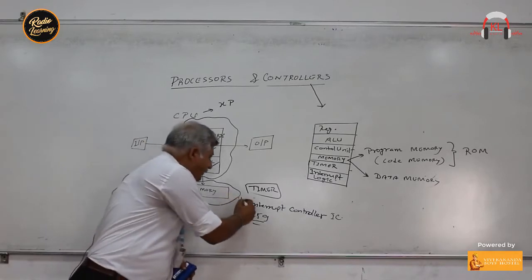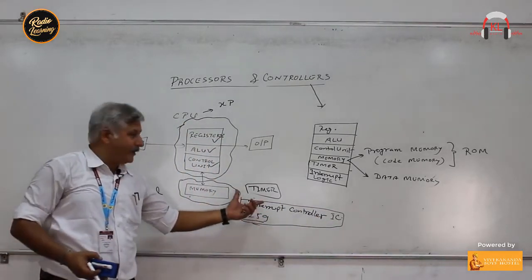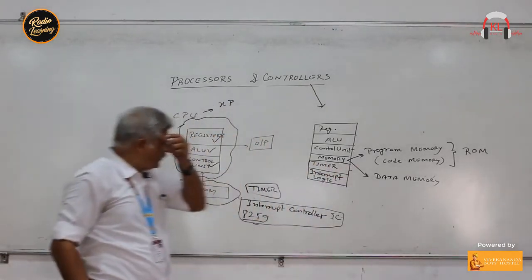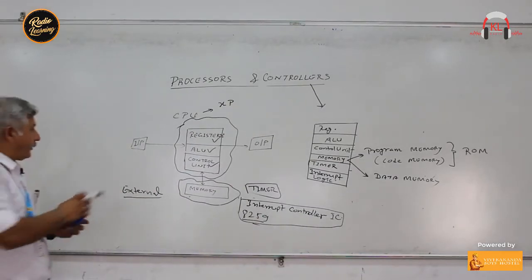That IC is external to this processor. If we require that, then we have to connect it externally. Whereas the interrupt logic is part of the microcontroller. So these are a few differences between microprocessor and microcontroller.